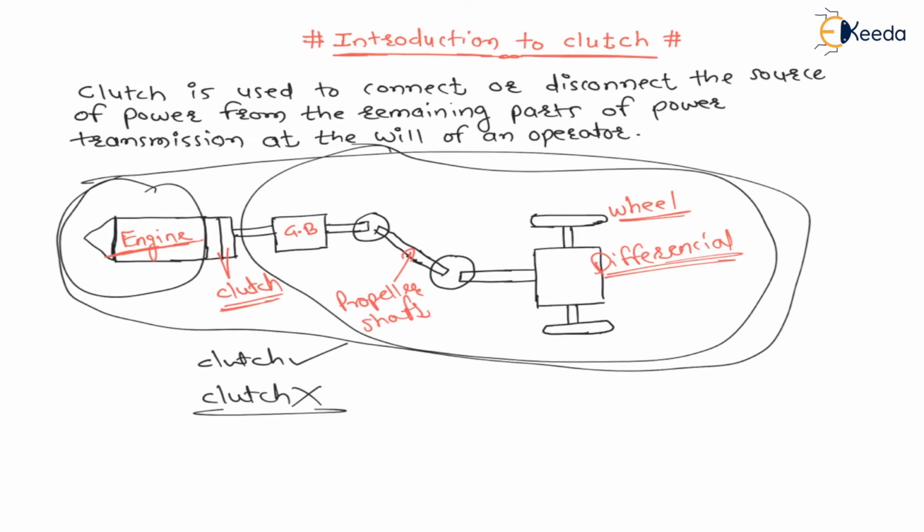Means clutch is used to connect or disconnect the source of power, that is the engine, from the remaining parts of the machine, or any other device in which we need to transfer the power. This is a simple understanding of clutch.